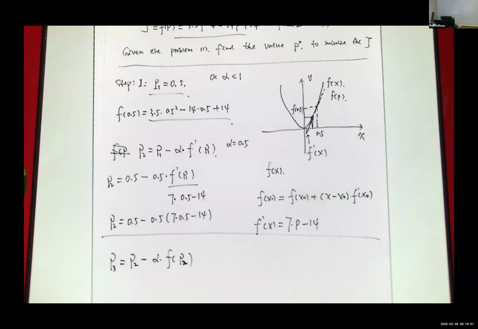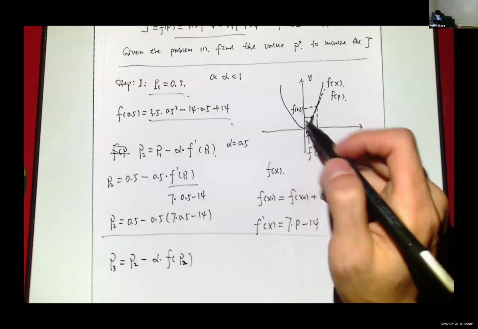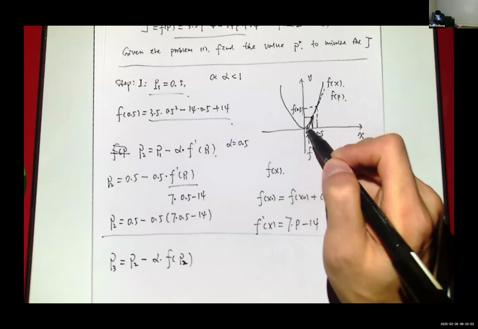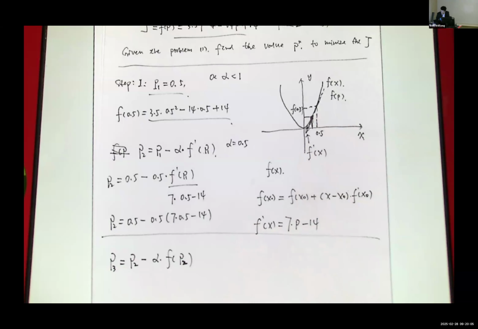It means you do one more iteration and go down again, moving to the next point, maybe at this point. The physical meaning is that you calculate the negative direction of the linearization and go down gradually.